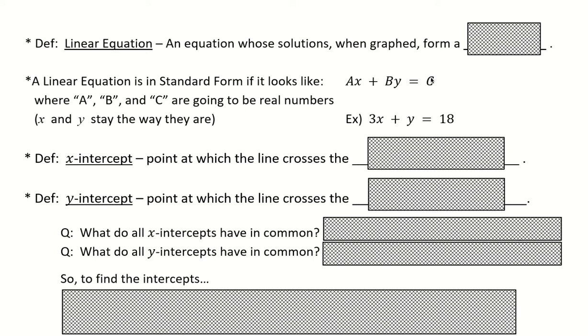They're just supposed to be nice integers. So if this was like a 1/3, or 5 halves, and this was 18 over 7, no good. You'd have to fix that so that there's no fractions.